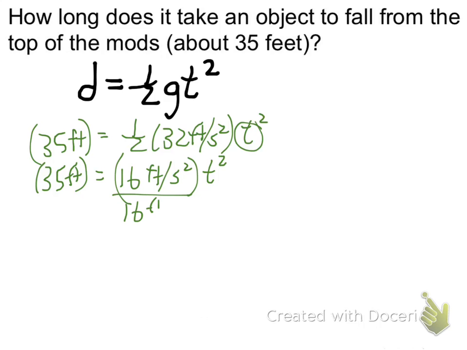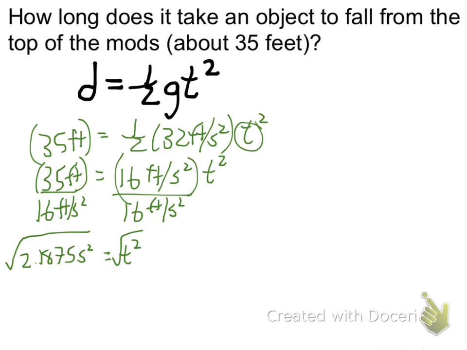So, by plugging into this formula and solving, this gives us 1.48 seconds. So you can see how this formula can be used to answer simple questions of how long it takes something to fall. But we're going to add on to this formula now.